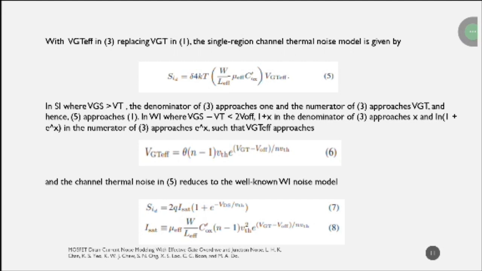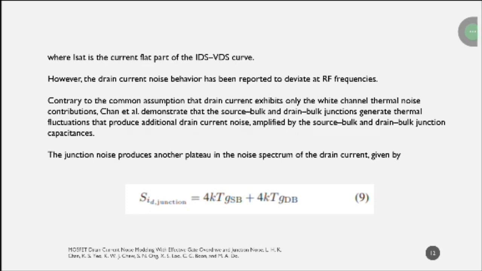And the channel thermal noise, which is produced, we have already discussed about this, and it reduces to the well-known weak inversion noise model. SID is equal to 2q I saturation of 1 plus e to the power minus VDS minus VTH, which is the seventh equation, and I saturation will be equivalent to mu effective W by L effective Cox dash n minus 1 into VTH square e to the power VGT minus V of divided by n into VTH, where I sat is the current flat part in the IDS VDS curve.